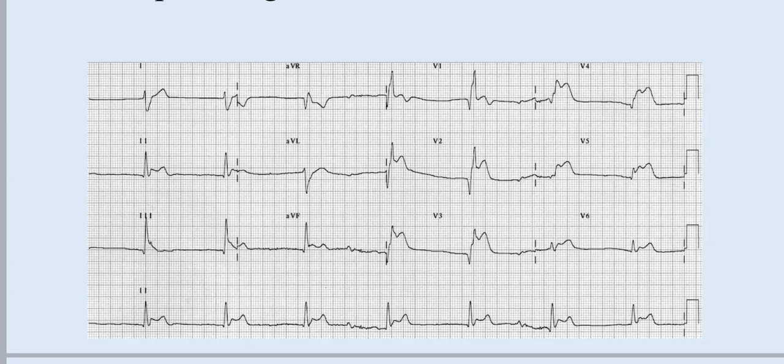There are some echo features, we might talk about them later, that are confirmatory and give the diagnosis of Takotsubo with a great deal of certainty. But as far as ECG and troponin are concerned, they look alike to STEMI, and you have to deal with them just like STEMI until you rule out any coronary artery disease.